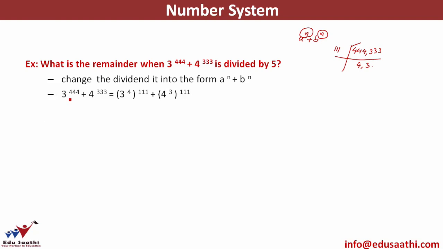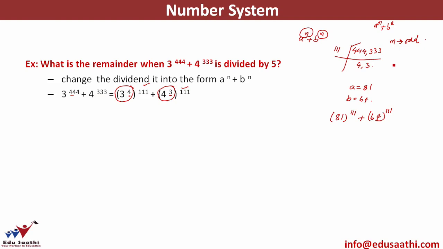So 3 raised to power 444 will be written as 3 to the power 4, inside 111, and 4 cube inside 111. So this is the value of a and this is the value of b. The value of a comes out to be 81, the value of b comes out to be 4 cube, which is 64. So it's a question of the type 81 raised to power 111 plus 64 raised to power 111. Now it is of the form a raised to power n plus b raised to power n, and n here is odd.